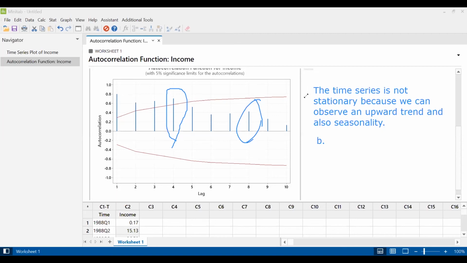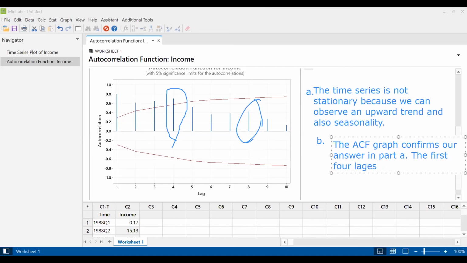and that was part A, I didn't really denote, but for part B, we can say the ACF graph confirms our answer in part A. The first 4 lags are significant, and all lags are decreasing gradually.